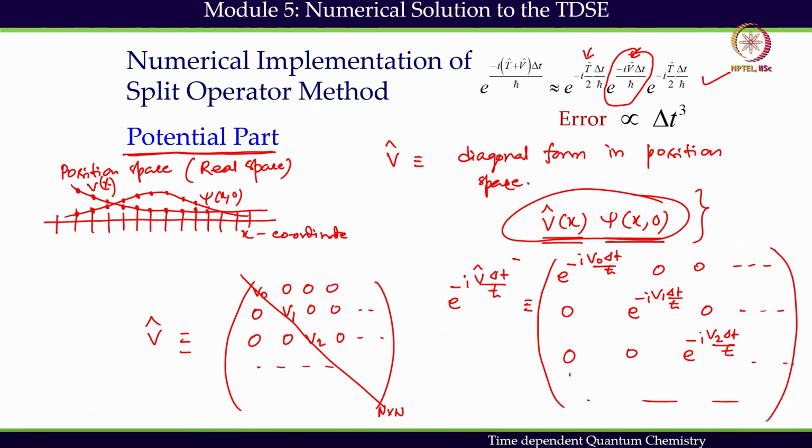It is going to be a diagonal matrix. So the potential part of this propagator is very simple. Under grid representation, the potential operator gets a diagonal form, so I have this exponential part very easily evaluated.